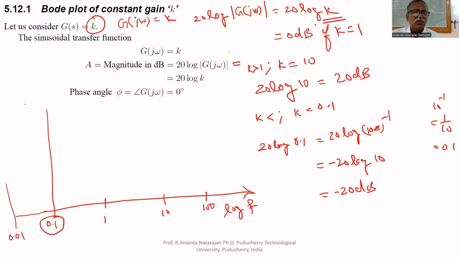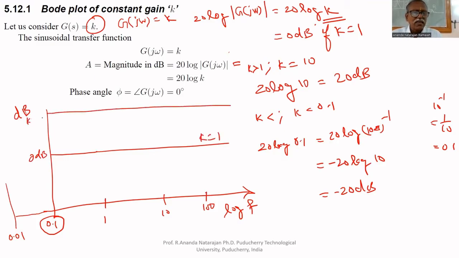Here, y-axis is in dB, x-axis is log f. Log f is marked on semilog sheet; you have to buy a semilog sheet. Here you will get 0 dB, that is k equal to 1. For k equal to 10, you will get plus 20 dB.